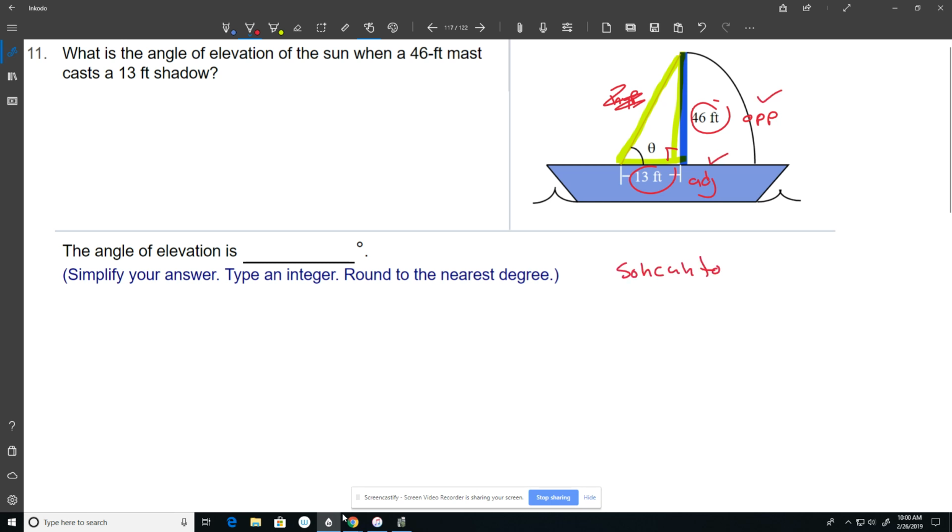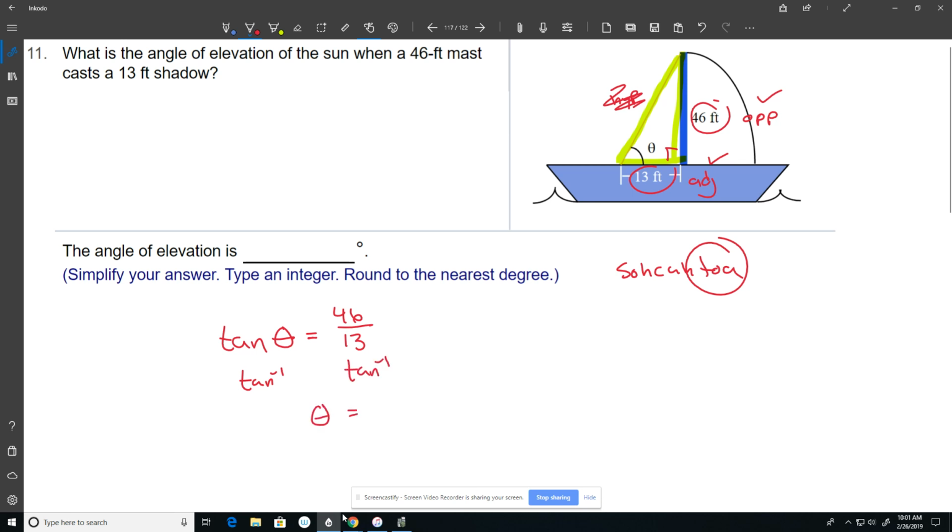So if I have my SOHCAHTOA, which will still be up on the board at the back, opposite and adjacent is used by tangent. So the tangent of my angle that I don't know is equal to the opposite, 46, divided by the adjacent, 13. And then remember, just to get rid of tangent, because I want the angle by itself, I do the inverse tangent of both sides.